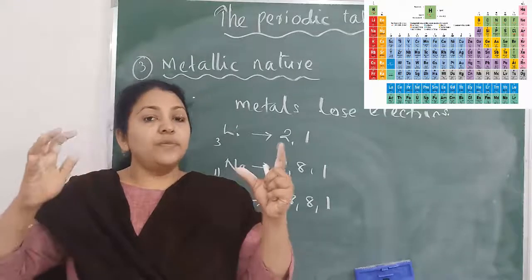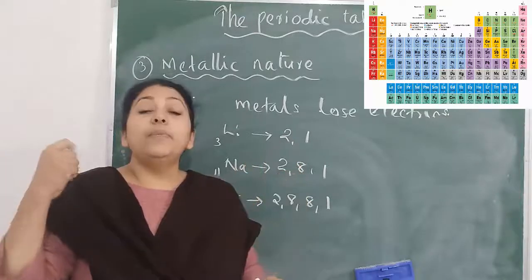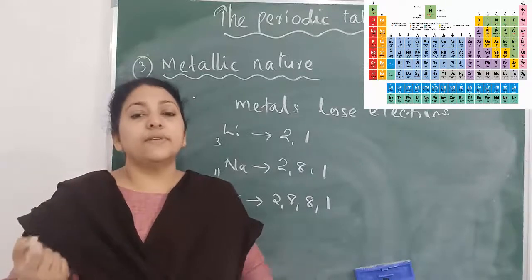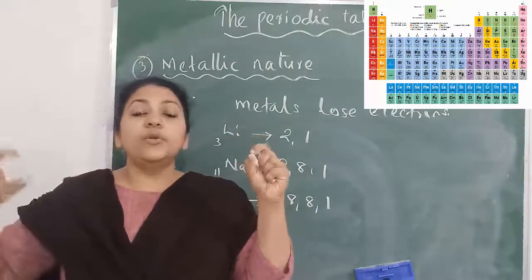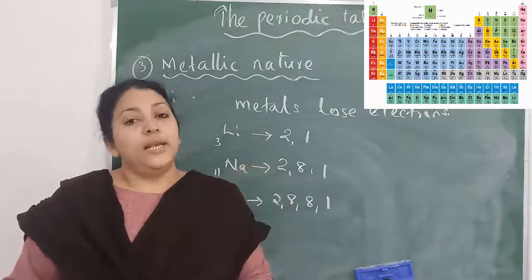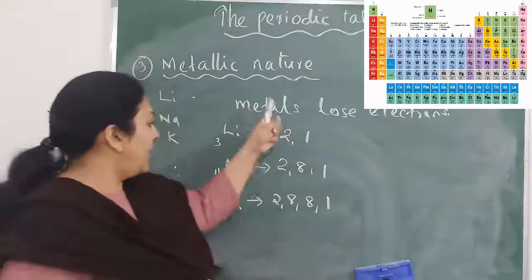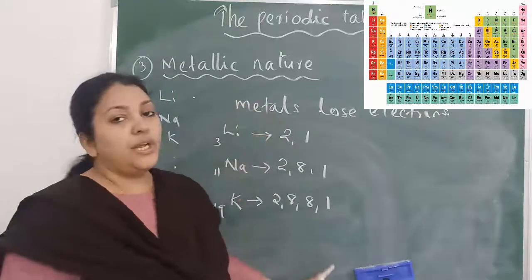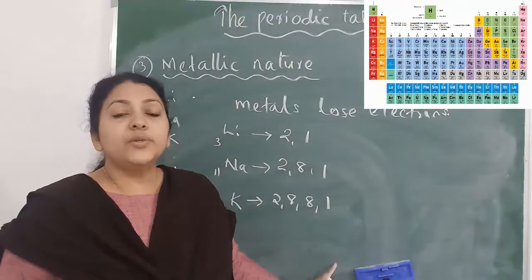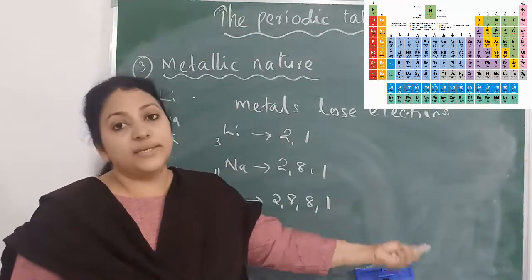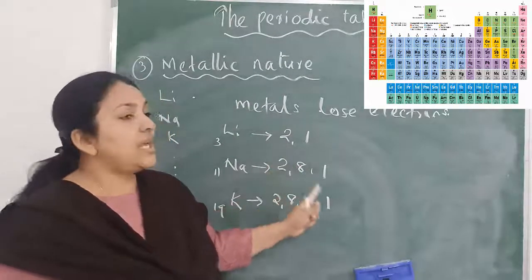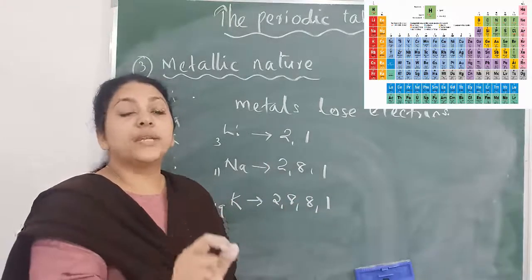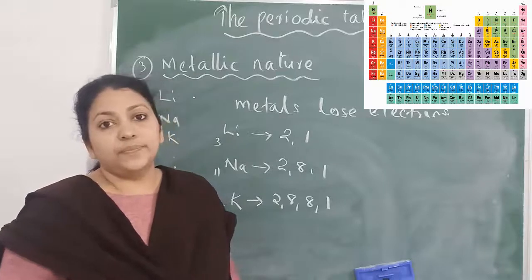A bigger atom can lose its electron very easily because the force of attraction from the nucleus to the last shell is less. So when you move from top to bottom in a group, the tendency to lose electrons increases as the number of shells increases and the force of attraction from the nucleus to the last electron decreases.